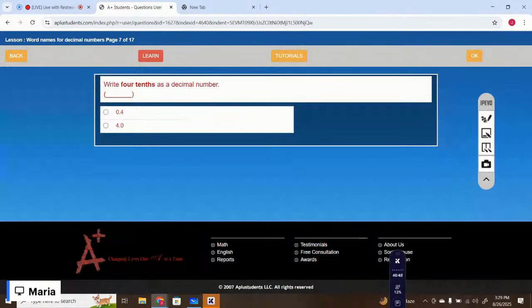So which is the correct option? 4/10. It would be 0.4. Option number one is the correct option.